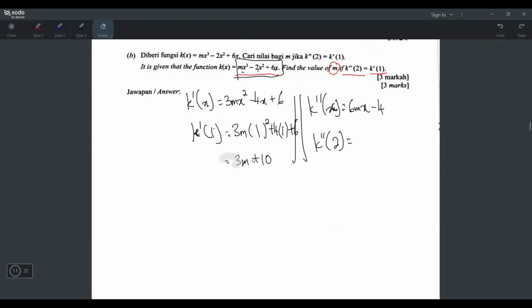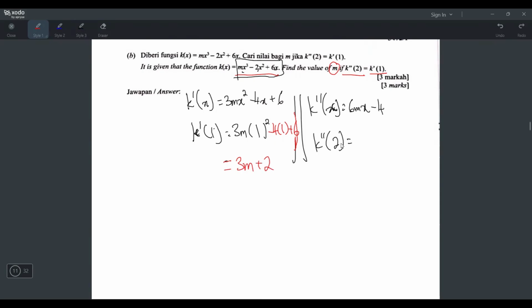Okay, luckily I saw my mistake here, otherwise I would have to erase the whole thing. It is -4x, so it'll be -4x plus 6. I wrote plus 4 just now, so it should be minus. Okay, this is correct now. So 1 square is 1, 1 times 3m is 3m, -4 plus 6 is positive 2. This is the correct one.